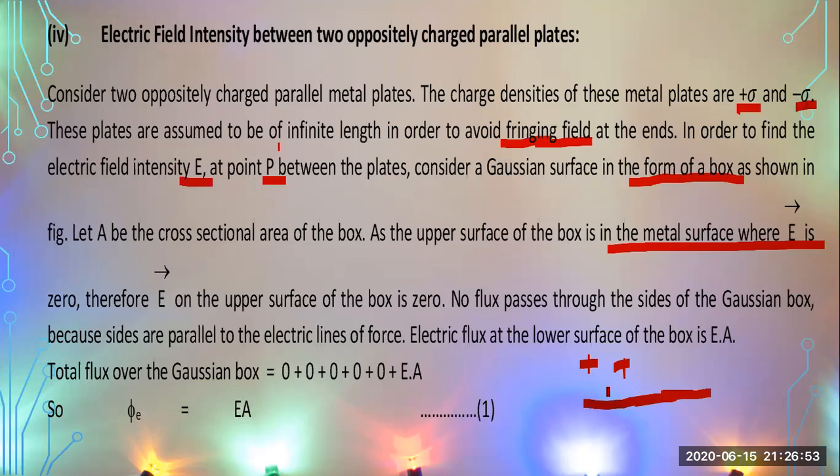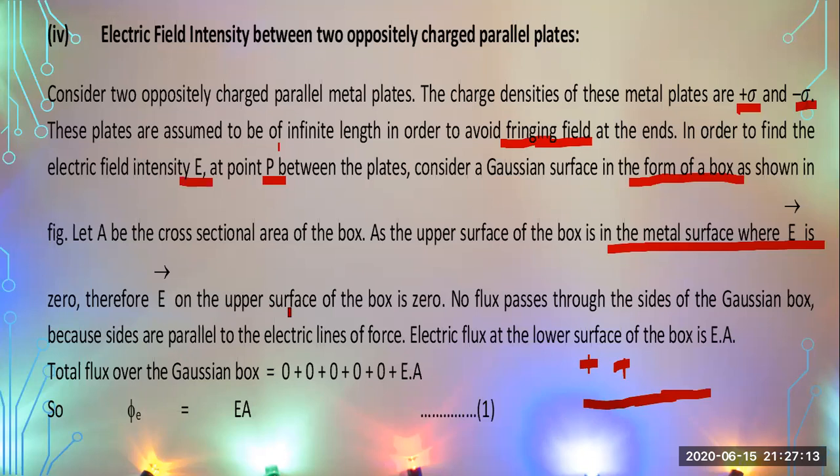These charges move to the surface of the conductor, so there are no charges inside the conductor. They are mostly at the surface. That's why inside a conductor there is no electric intensity. Electric intensity is zero inside any conductor. So this was a logical answer.